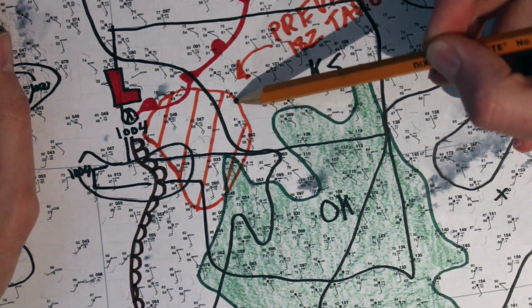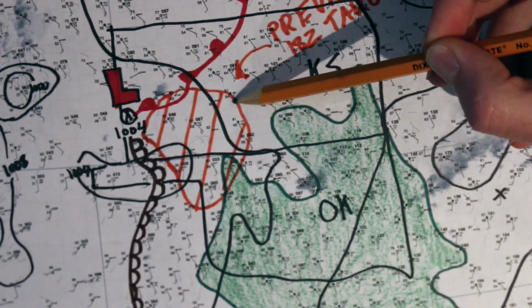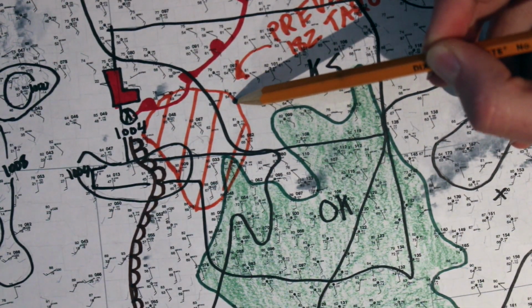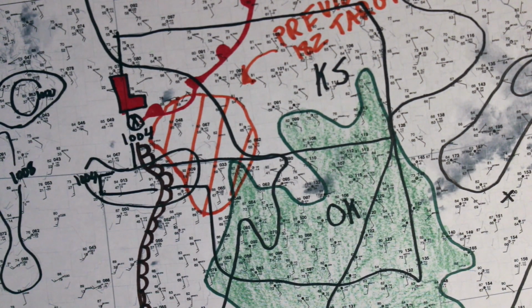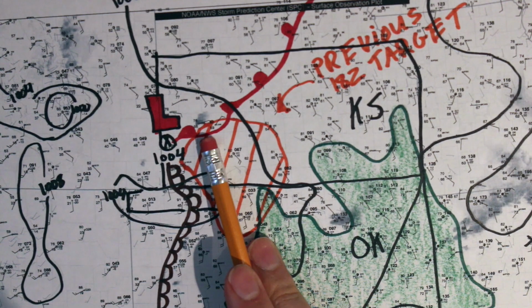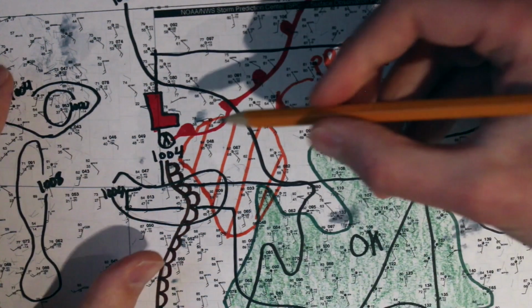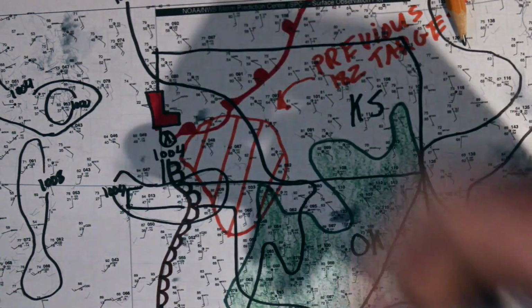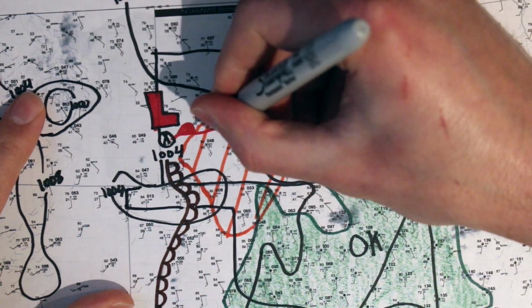In our target area, we're now going to look at individual stations within that area. So up here along the warm front, it's hard to see on the camera, but if you have the map in front of you, you can see stations going like this.